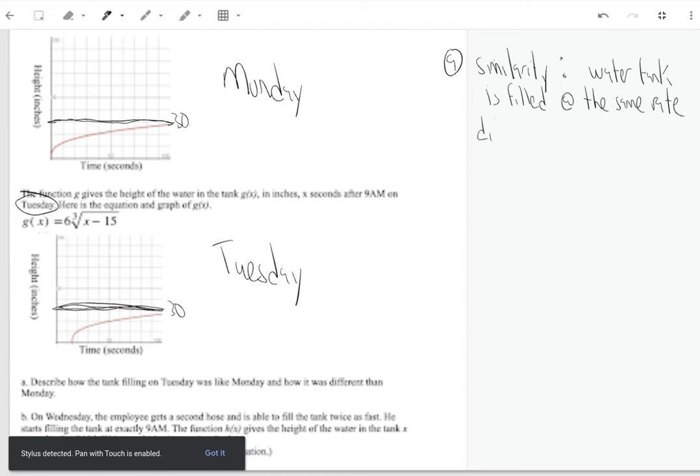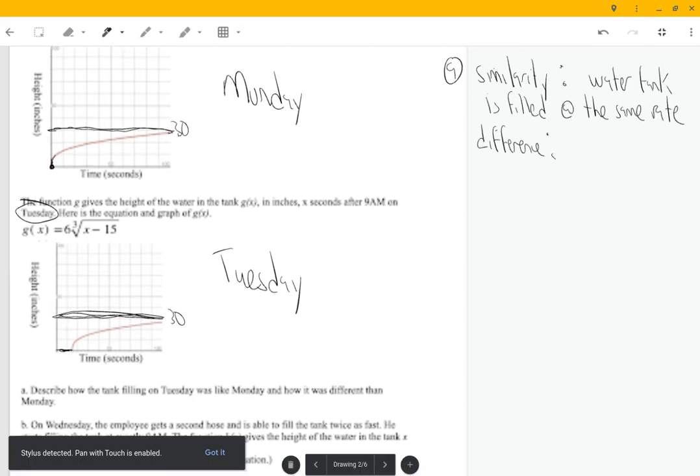So that is the similarity. How is it different? The difference is here, notice it started right at 9 a.m., whereas here it didn't start until a certain number of seconds after 9 a.m. So if I look at the graph here, let's see if we can get a clearer view of the graph.